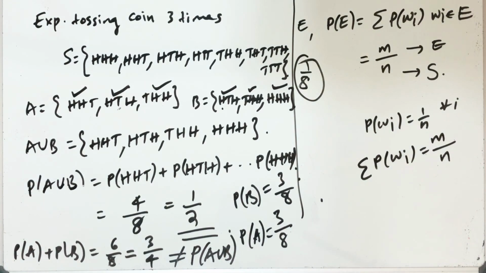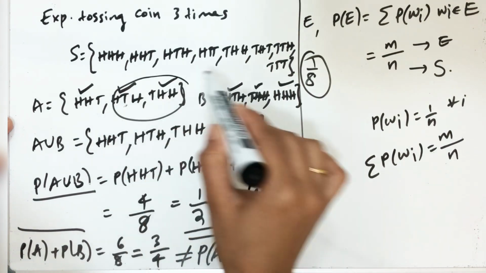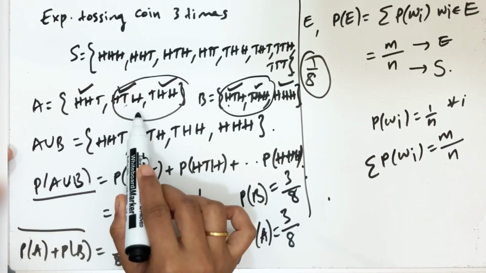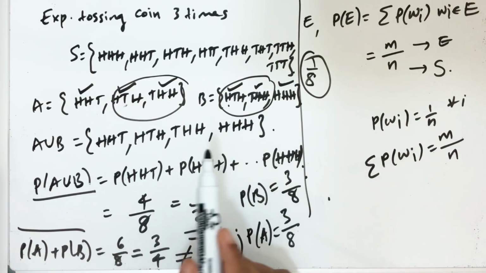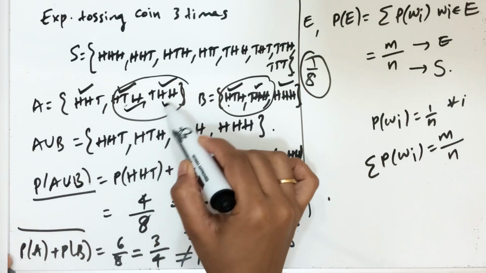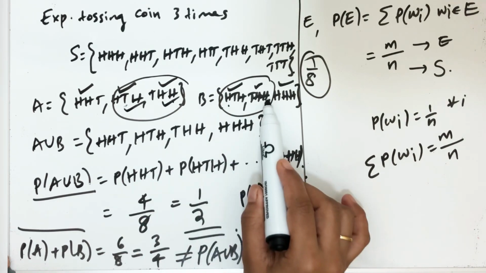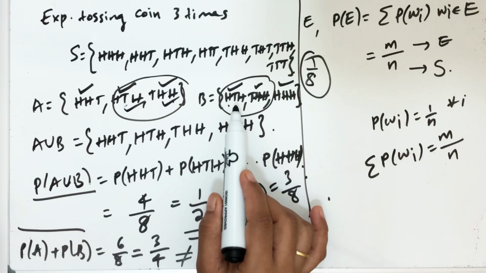But is there any relation between P of A union B and P of A plus P of B? We can see. Here A and B have these 2 elements common, HTH and THH. So while calculating P of A plus P of B, the probability of these elements are counted twice. Here also we counted, and in P of B also we counted. So these 2 elements are counted twice.